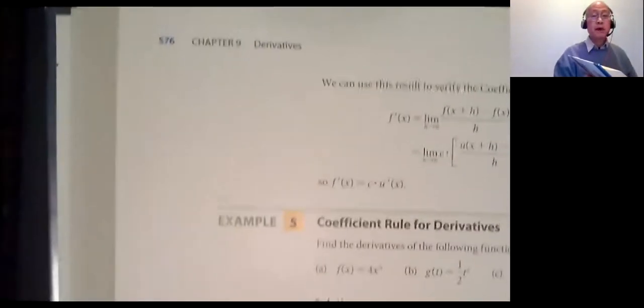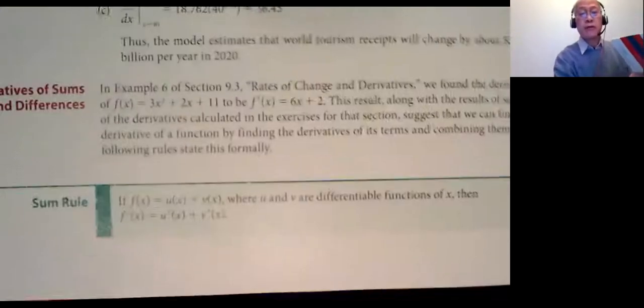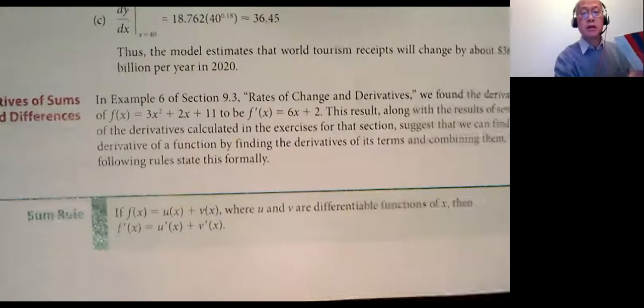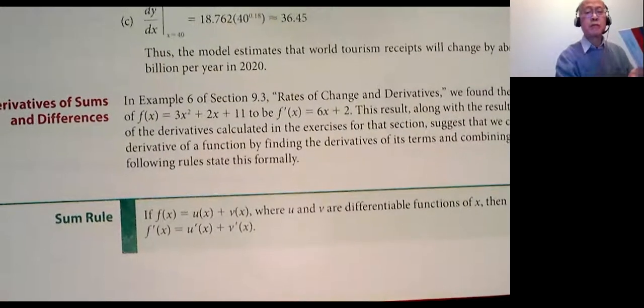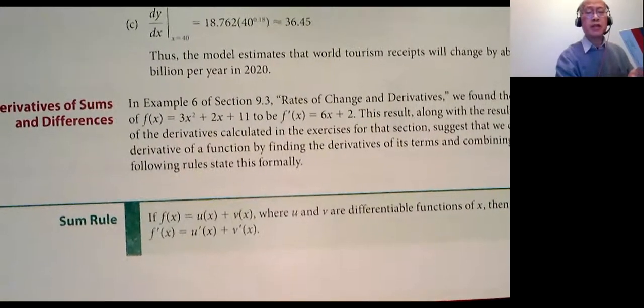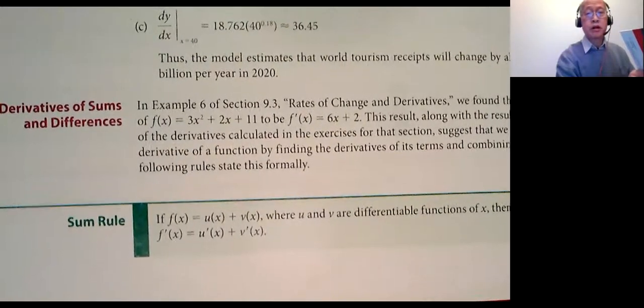Okay, and the rule I just gave you is the sum and difference rule, bottom of 576. If you have something plus something, sum rule, if you want the derivative of the whole thing, just take the derivative of the first plus the derivative of the second. F prime of x is u prime of x plus v prime of x. Just differentiate all the way down the line.